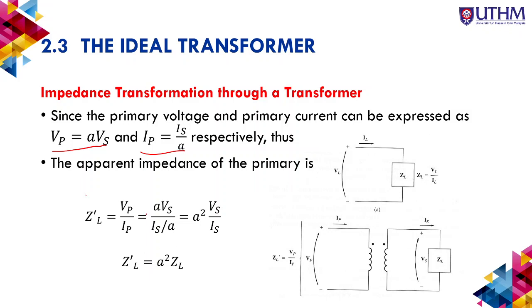From here we replace VP and then we replace IS, and then it becomes this equation. This is ZL. So therefore this is the transformation, the relationship for the impedance when we read at the secondary side or at the primary side.